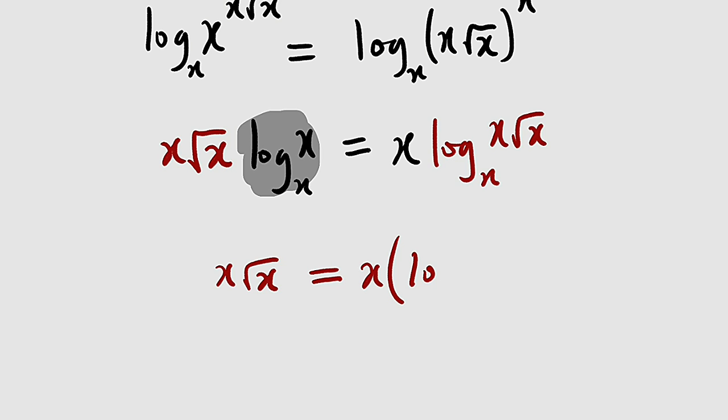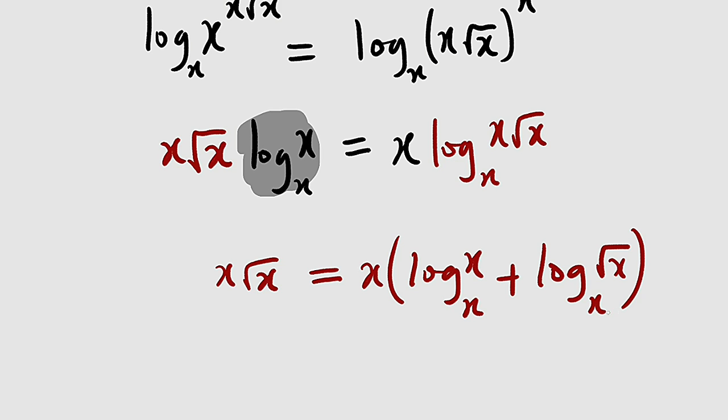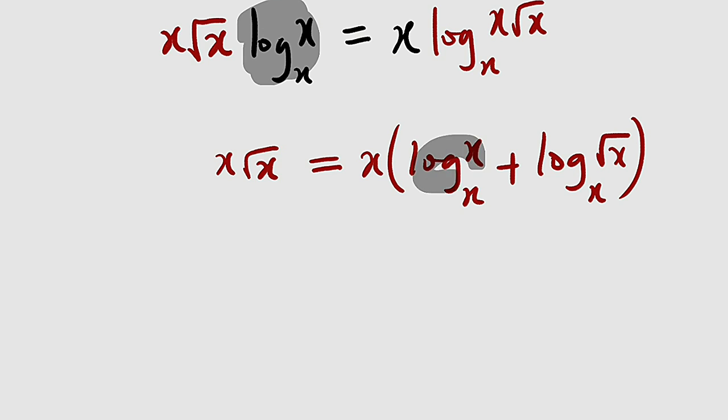We can write it as log of x base x, then plus log of root x base x. We all know that this is also equal to 1, log of a number having the same base as the number. And you know that root x can also be written as x raised to the power of 1 over 2. So that 1 over 2 can also drop down to multiply.